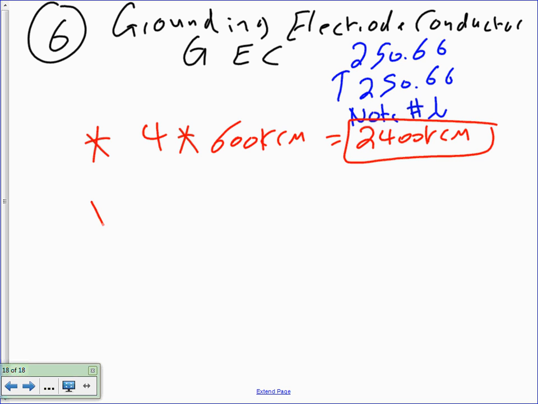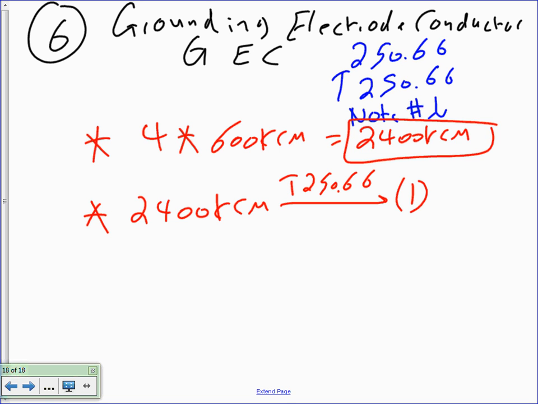Then you take the 2400 kcmil all the way to table 250.66, and the largest you can get there is what? 1 conductor, 3 aught.